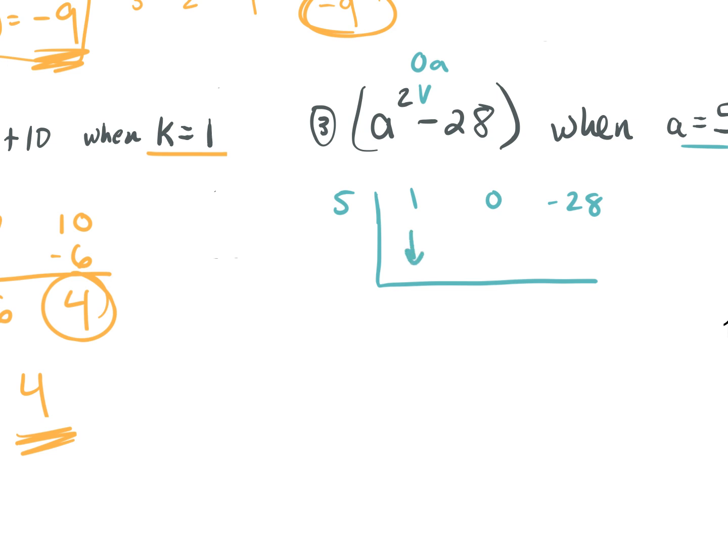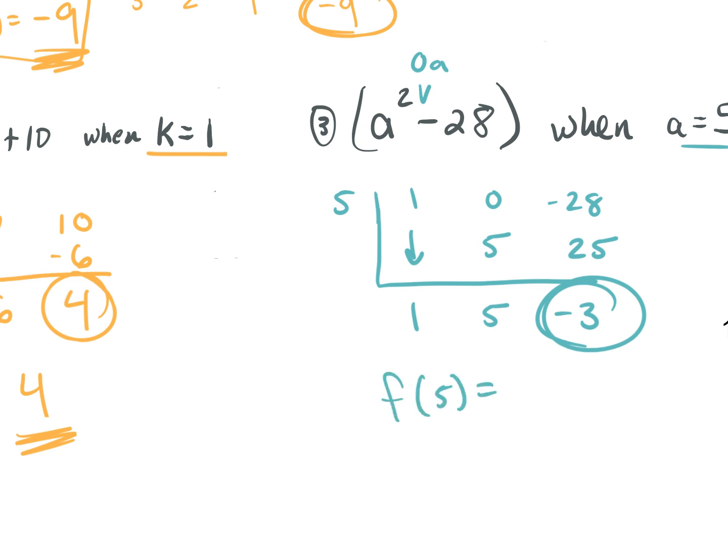I'm going to drop down the 1, multiply on the outside. We get 5. Add on the inside, 5. Multiply. 5 times 5 is 25, and 25 minus 28, -3. What's our answer here? -3, just the remainder. So f of 5, because we plugged 5 into the x's or the a's, would equal -3.